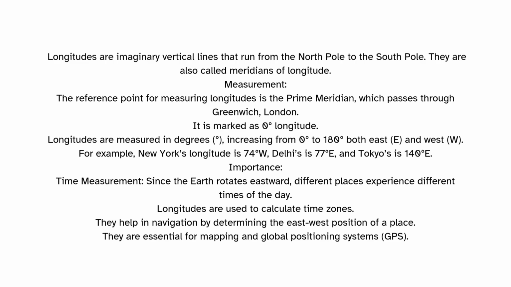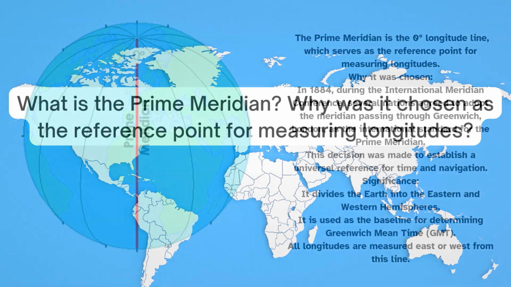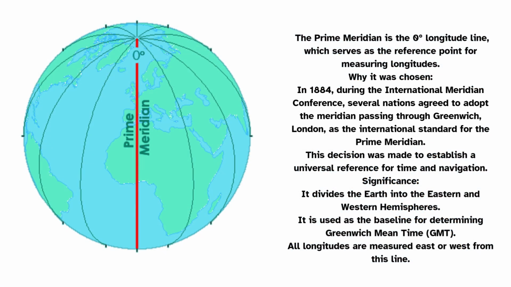Right now you heard about the prime meridian. So what is this prime meridian and why was it chosen as the reference point for measuring longitudes? As I said, the prime meridian is a 0 degree longitude line which serves as the reference point for measuring longitudes. But why was it chosen?